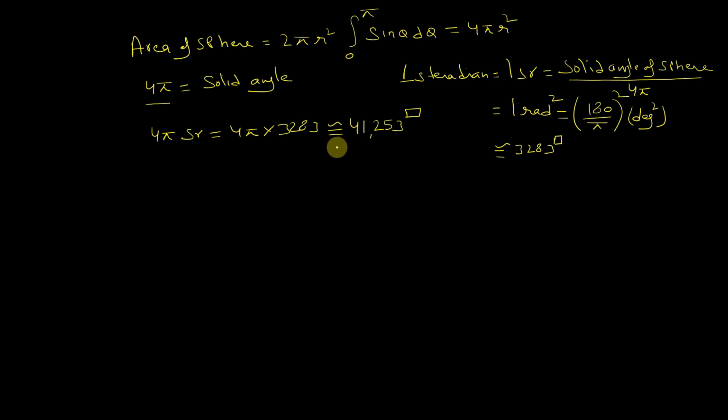So now let's talk about the beam area, or solid beam area. The solid beam area of an antenna is given by the integration of the normalized power pattern over a sphere.